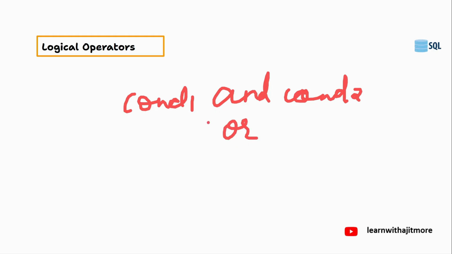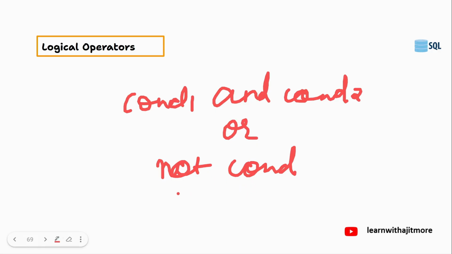Now, in case of or, when either of them is true, the result is true. Means if condition 1 is true, then also okay. Condition 2 is true, then also okay. But for and, both are supposed to be true. And third is a unary operation, that is not of condition. So it will take the complement of it. If the condition is true, not will be false. Condition is false, not will be true.